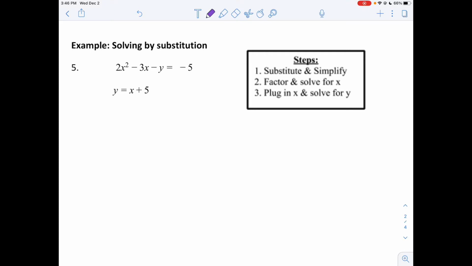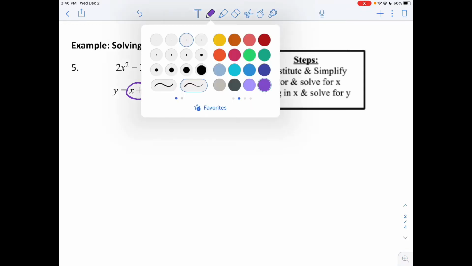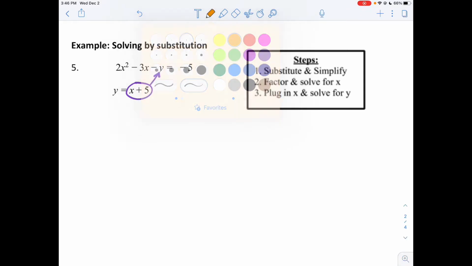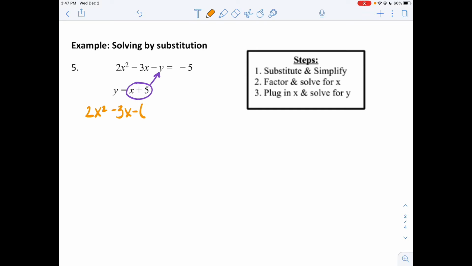I am simply going to plug in that y is equal to x plus 5 from the second equation into the first equation where I see y. So let's do that. All right, so my equation will start out 2x squared minus 3x minus, and now I need to say what my new version of y is.